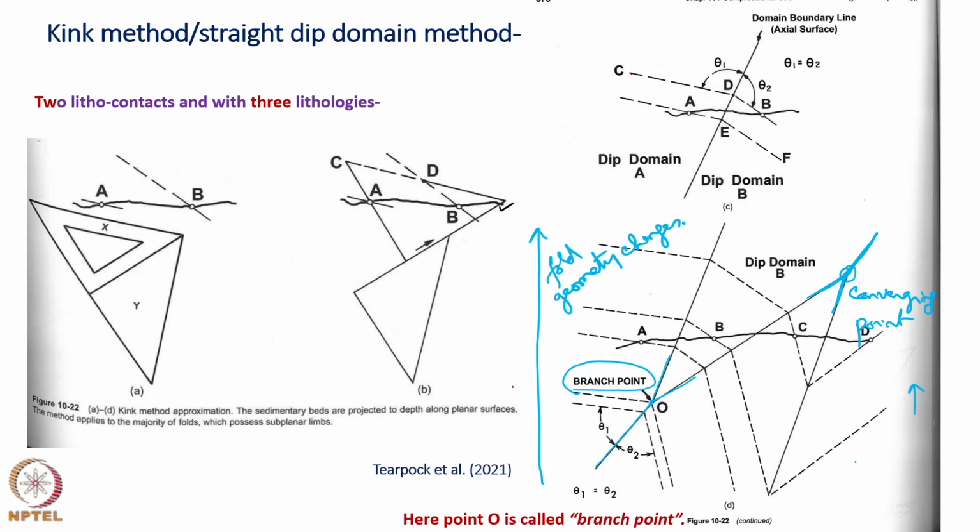In case of fault propagation fold, we have seen a similar case where the fold geometry changes from the core of the folds upward. We can also say in one way of thinking that this is a kind of a box fold, a fold with two hinge points, but as we go downward we do not find box fold, we find kink or the chevron fold.